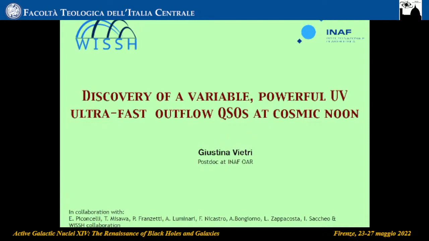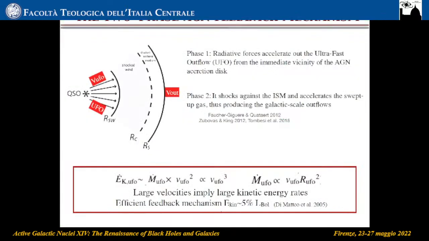So from theory, we know that AGN feedback is likely a two-phase mechanism, and in particular we have radiative forces that accelerate an ultra-fast outflow from nearby the AGN, and it shocks against the interstellar medium and then accelerates the swept-up gas, producing large-scale outflows.